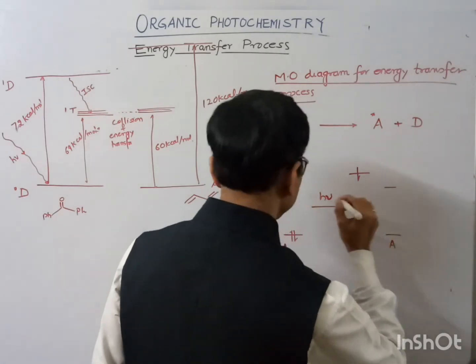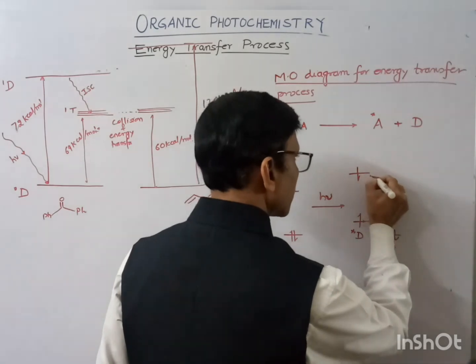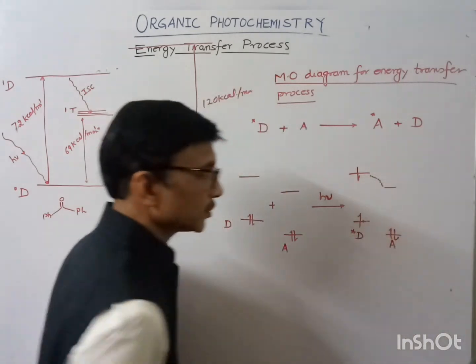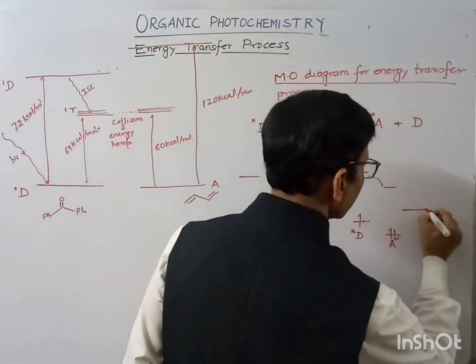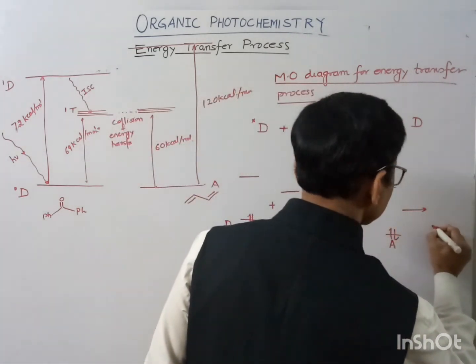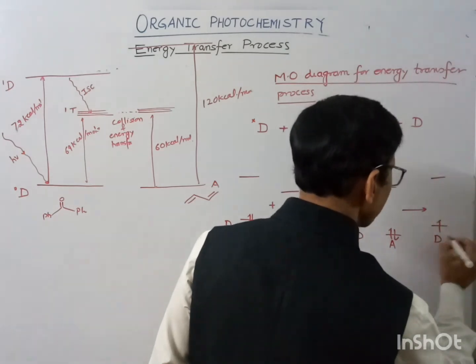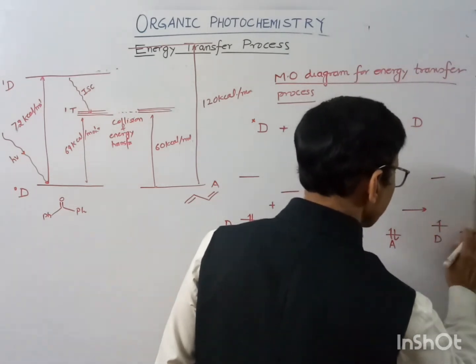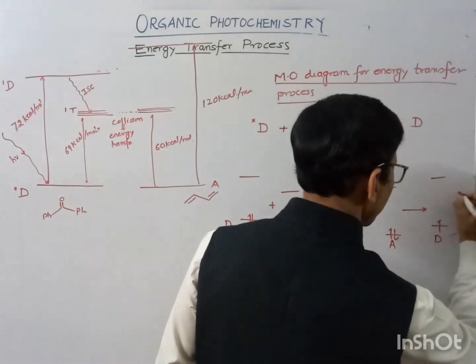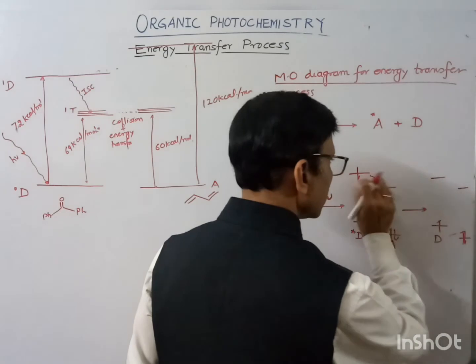So this excited donor can now transfer its energy to the acceptor molecule. After transferring it, we can show it in this way. This is now the donor and now the acceptor.